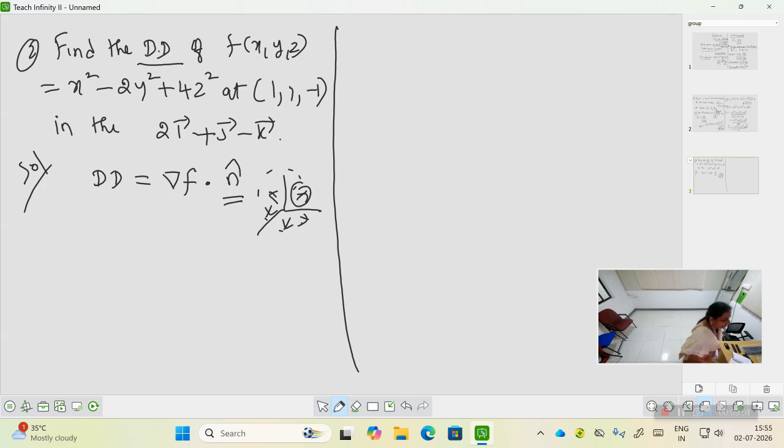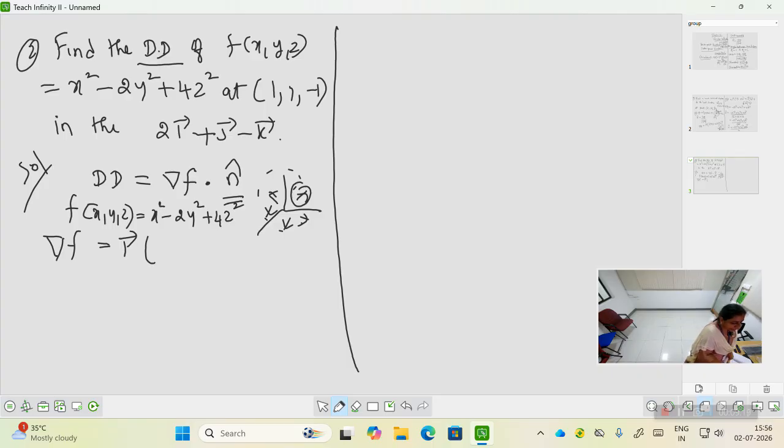Right, I'll go for del f. So what is del f? As usual, i ∂f/∂x. So here, what is f? The function of x, y, z is nothing but x square minus 2y square plus 4z square. Right. So i vector times, what is ∂f/∂x? So 2x.